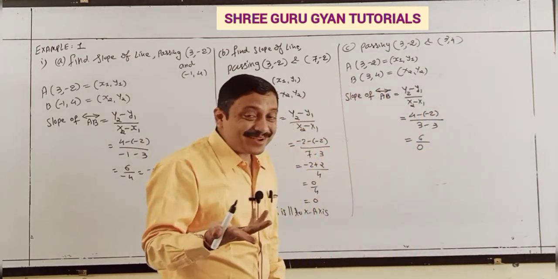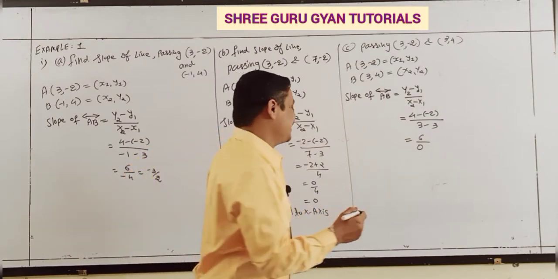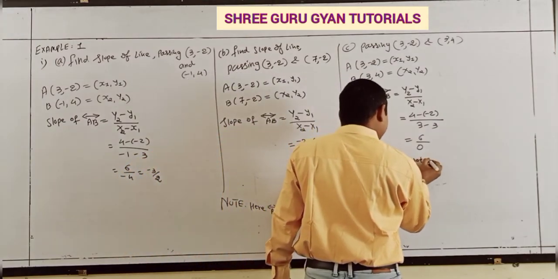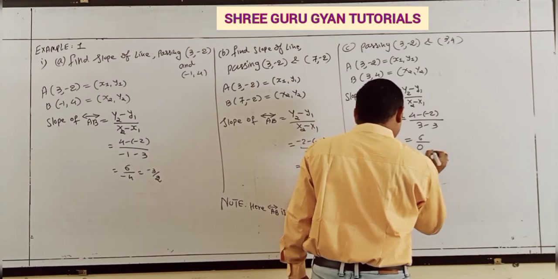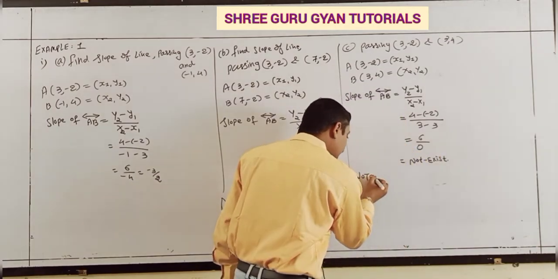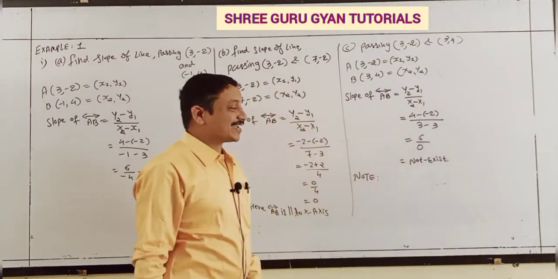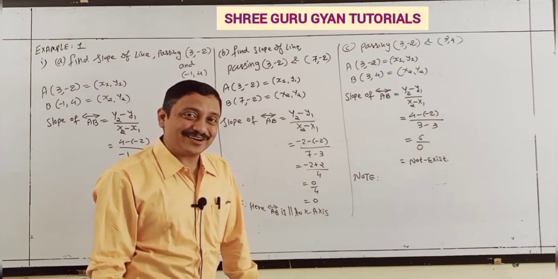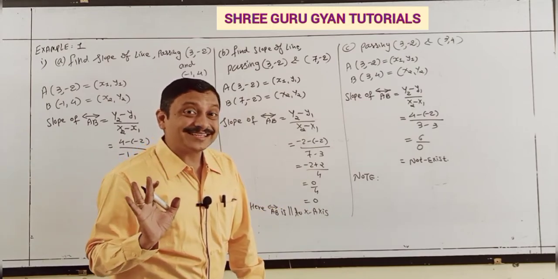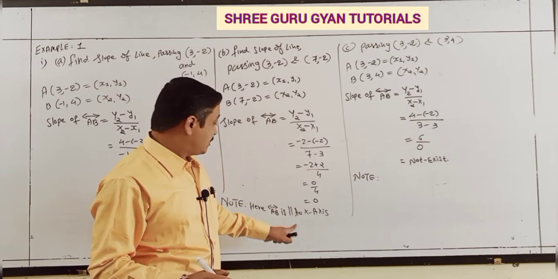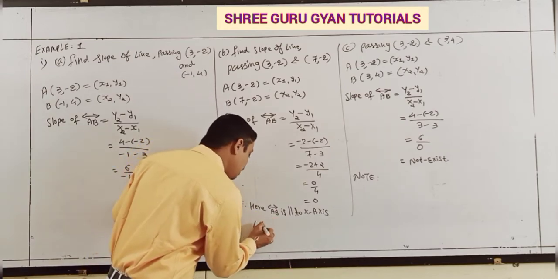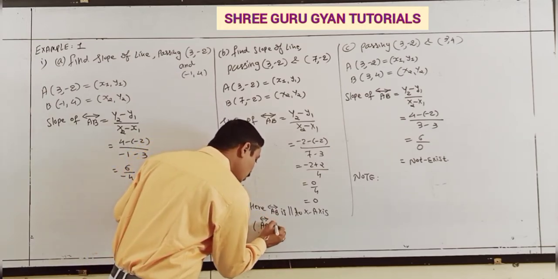But what is 6 by 0? Not defined, it does not exist. Note here: if the slope of a line does not exist, then the line is parallel to the y-axis, that is, a vertical line. Whereas parallel to the x-axis means AB is a horizontal line.